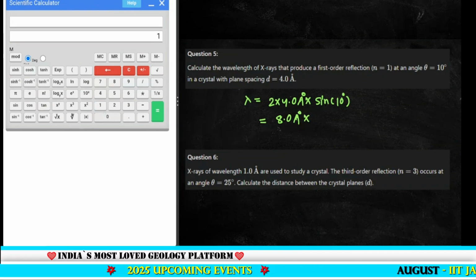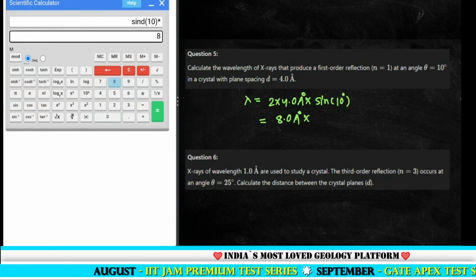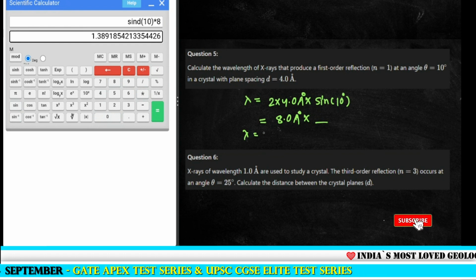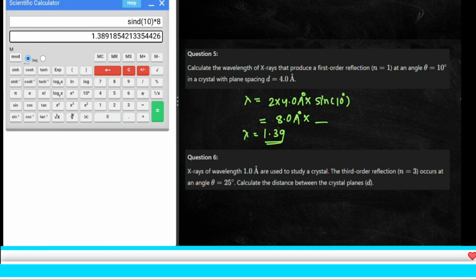How much will it be? Sin 10 will be 0.17 into 8 angstrom. Okay, 1.39.